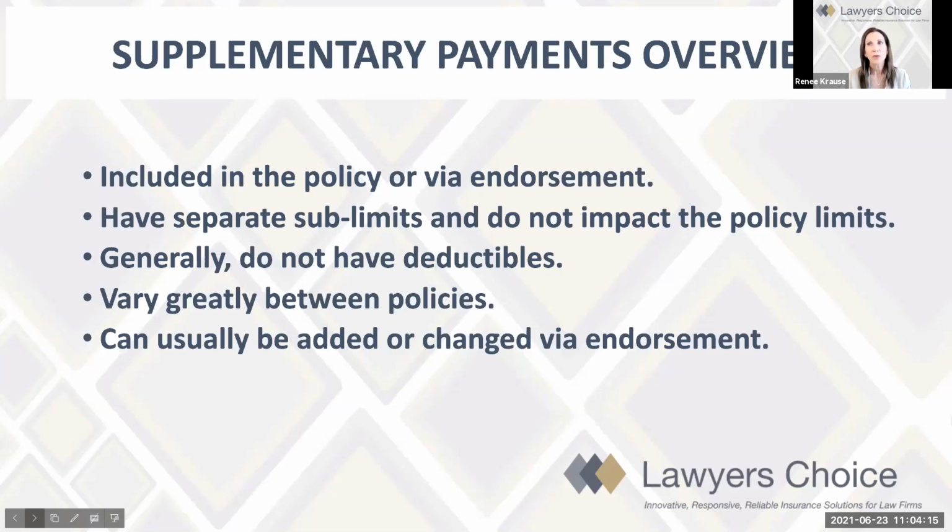Finally, you can usually add these or change them via endorsement. So if there's something that you see here that you are now aware of that maybe you weren't before, you can have that added to your policy if you don't already have it via endorsement. So just keep that in mind. It's kind of these extras that come with the policy, but you can always ask for more.